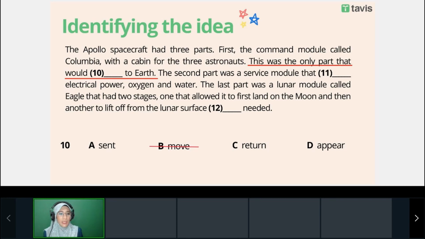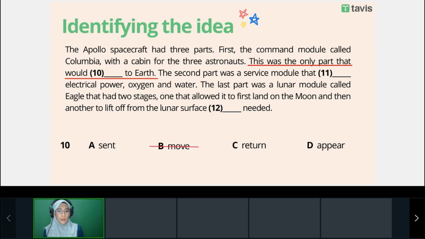All right, how about C? This was the only part that would return to Earth. Possible, right? Once the spacecraft has gone to space, it kind of divided itself into the parts. So we have the first part that goes off, and then the second part goes off, and then the third part goes off, and you're left with only the astronauts in that particular module.